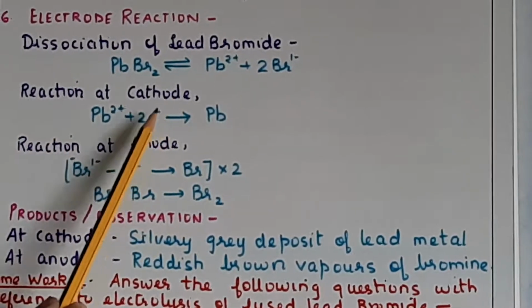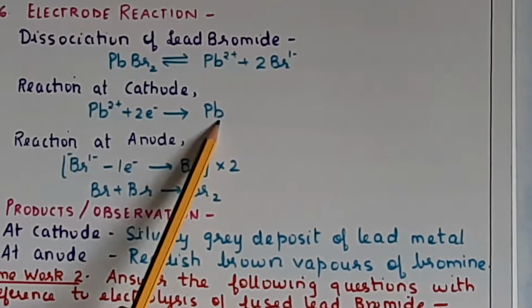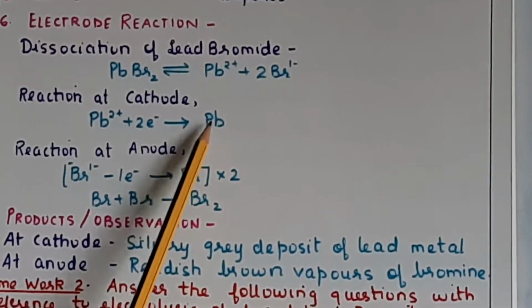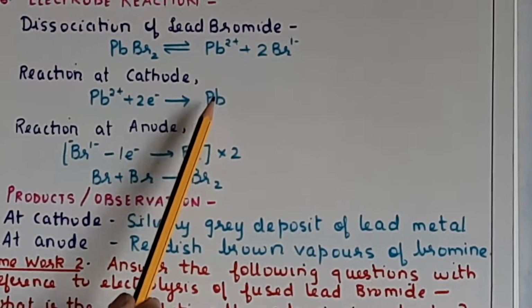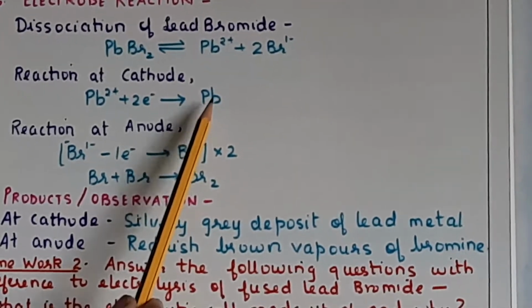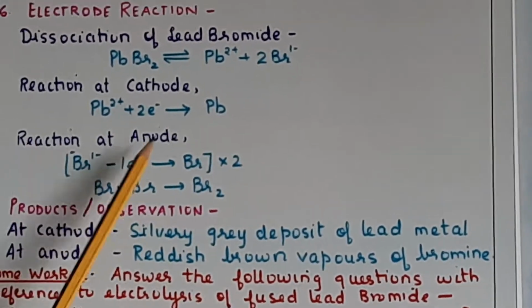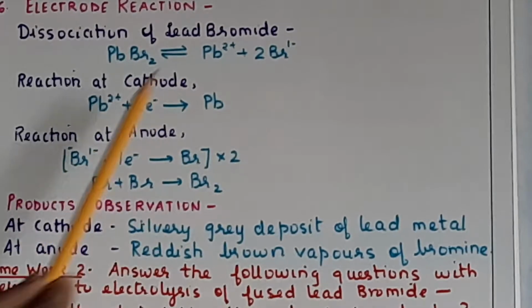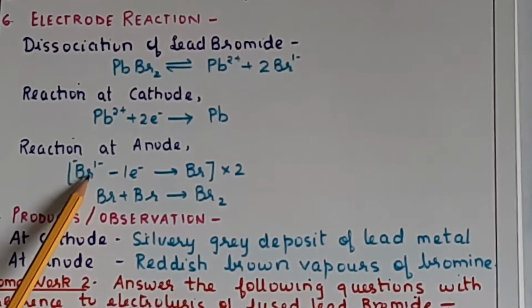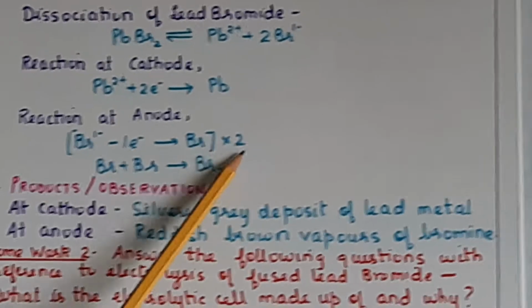So at the cathode the Pb2+ will gain electrons and form neutral lead. So at the cathode the observation you will state is a silvery grey deposit of metallic lead. Yes, that is the observation. And at the anode these are 2Br-. One ion of Br- will lose one electron and form Br, so you can just do it into 2.